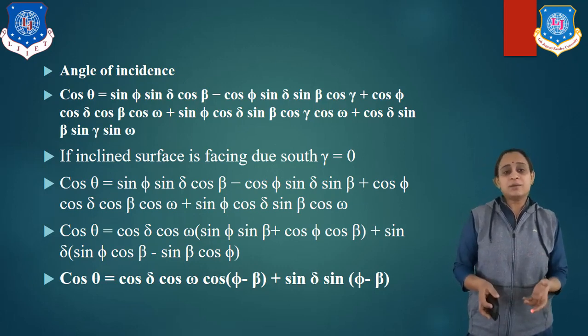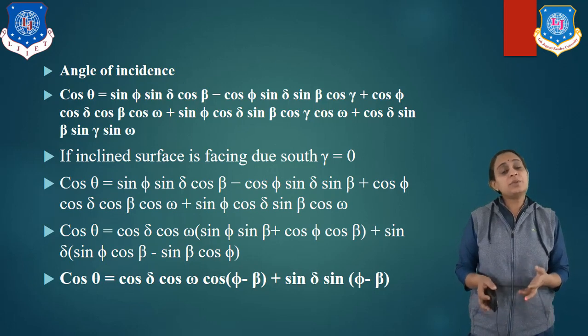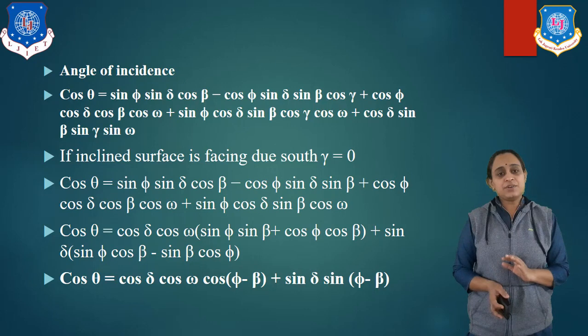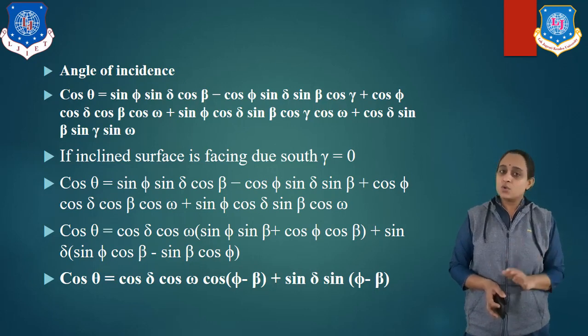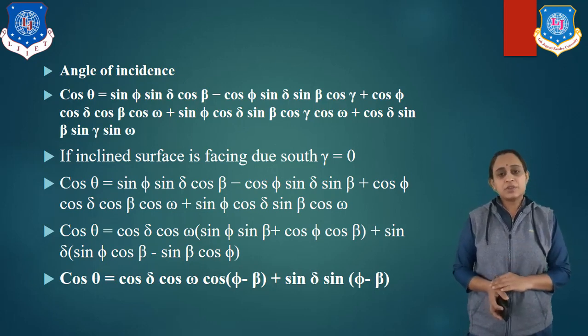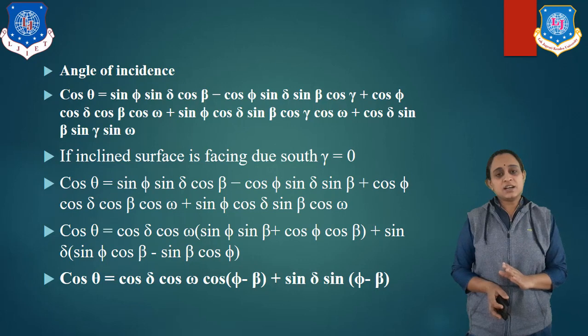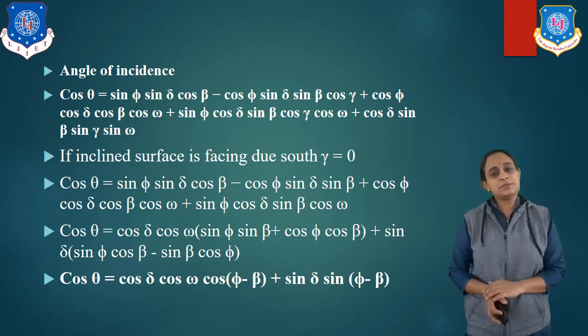Now by putting gamma as 0, our equation becomes cos theta equals sin phi sin delta cos beta minus cos phi sin delta sin beta plus cos phi cos delta cos beta cos omega plus sin phi cos delta sin beta cos omega.